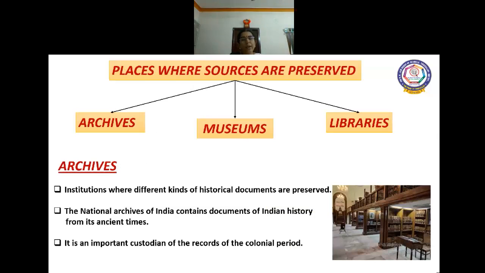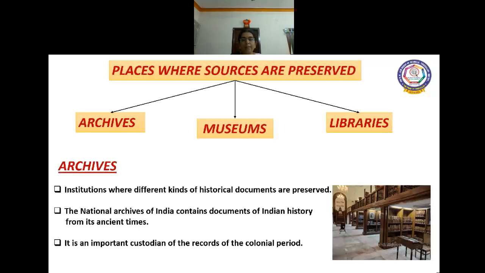And where these documents or records were preserved, they are stored in archives, museums, and libraries. Archives are the institutions where different kinds of historical documents are preserved. The National Archives of India contains documents of Indian history from its ancient times.